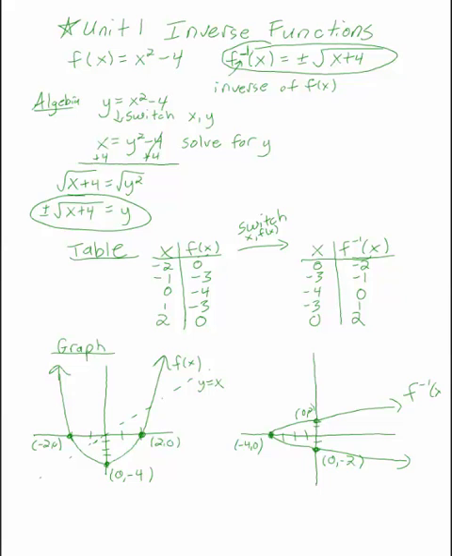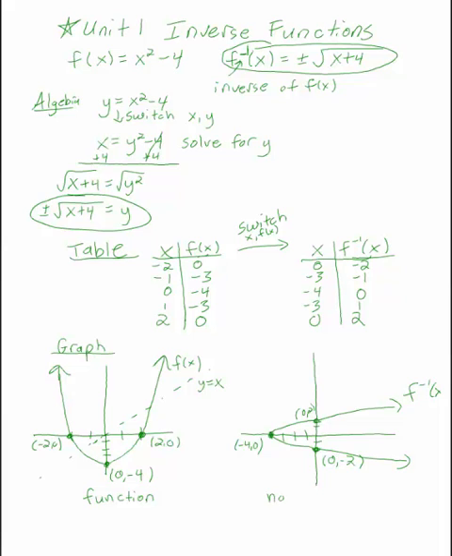Now notice that f of x, the parabola, is definitely a function. And this is easiest to see with the graph. I mean, it passes the vertical line test. For each x, there's only one y value that pairs up with it. But when you look at the inverse, you can quickly tell it fails the vertical line test an infinite number of times.